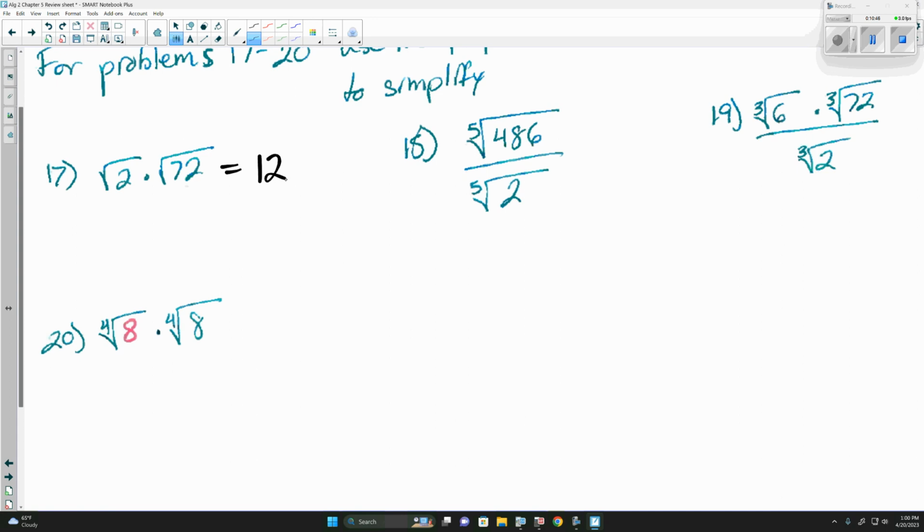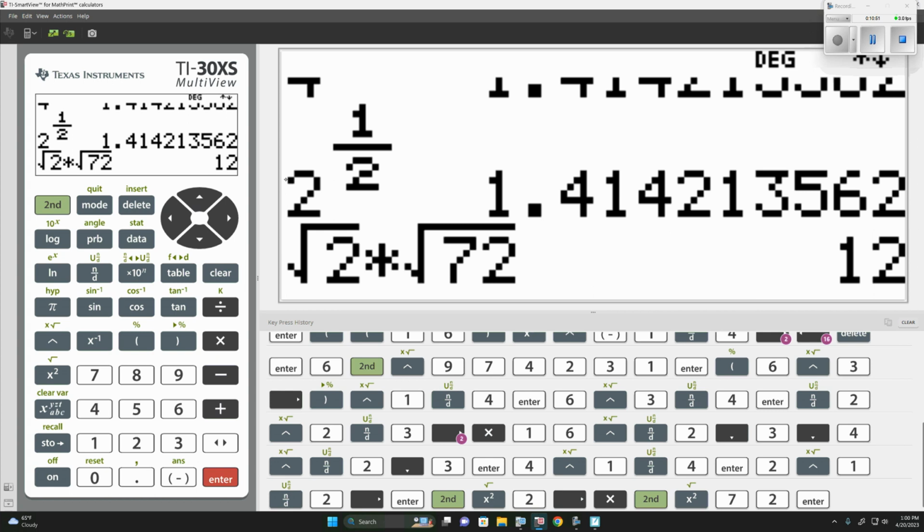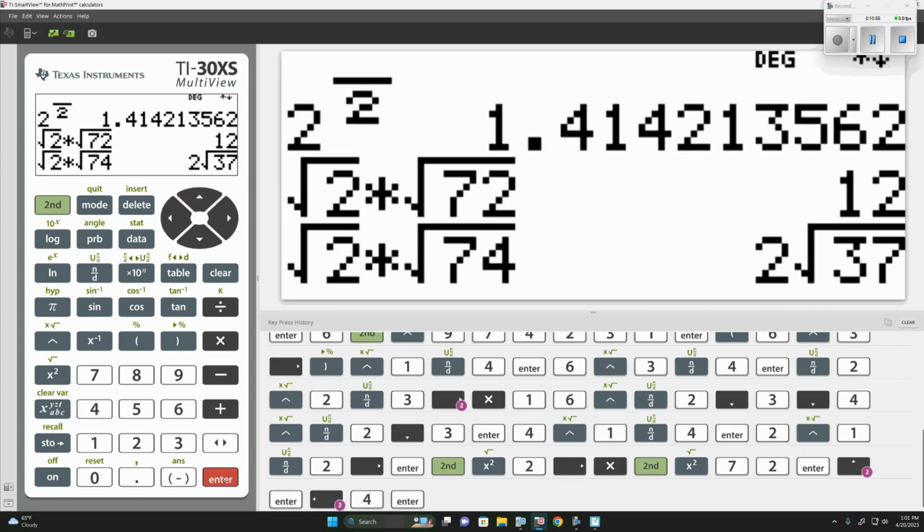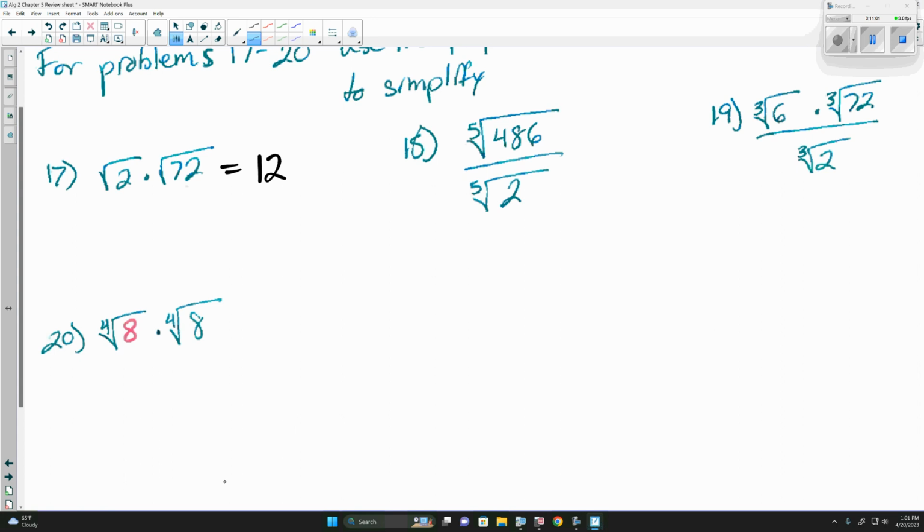Now with any radical, the 30XS works very well, even if, just say, the square root of 74. 2 square root of 37. It simplifies radicals very nicely. If they get too big, it won't do it. But when I say too big, we're talking most likely 4-digit numbers inside the radical that don't reduce. Then it's going to turn it into a decimal. So it has to be pretty big.